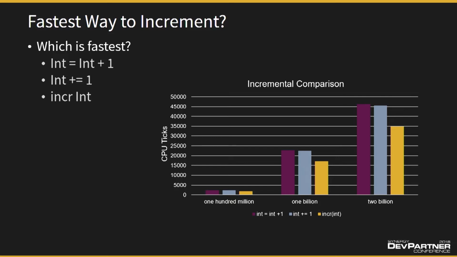I ran it 100 million times, 1 billion times, and 2 billion times. As I got to that 2 billion, you can see a very clear pattern emerge. And it ends up that INCR is actually a lot faster than the +=1. So you can use that profiler to, not say in your face because that's rude, but in your face, mine's faster.